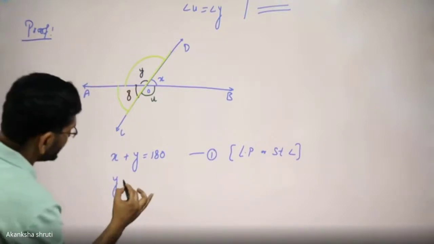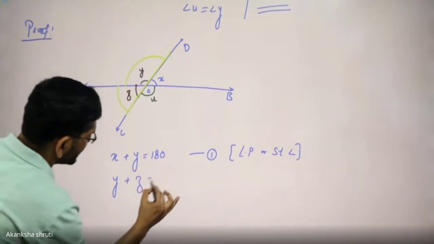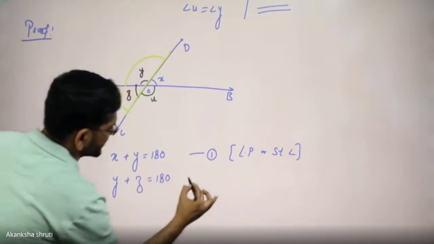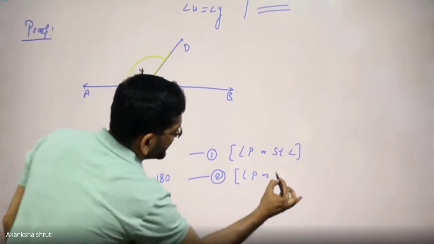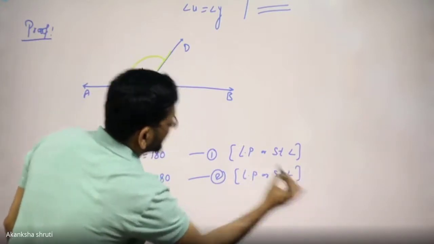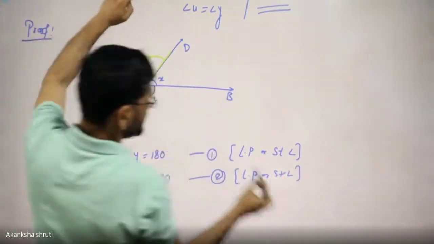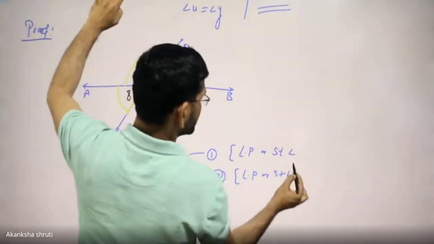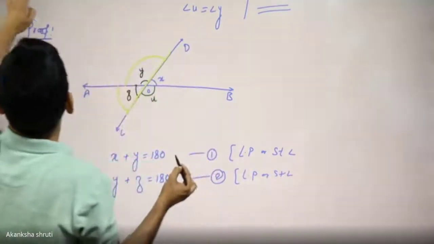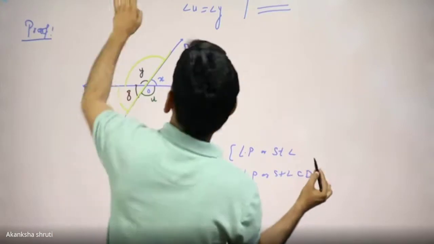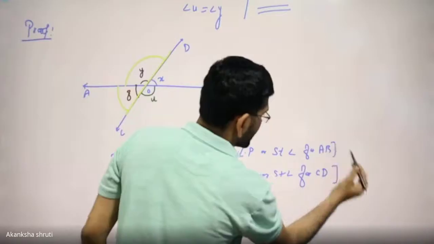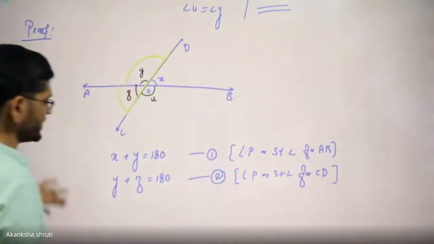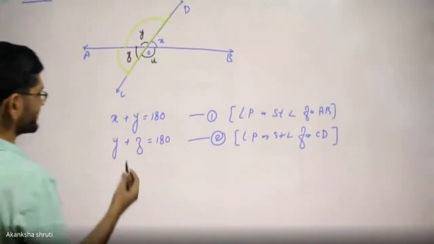So Y plus Z is also 180 degrees. Why? They are also a linear pair or a straight angle over the line CD, but earlier it was for the line AB.